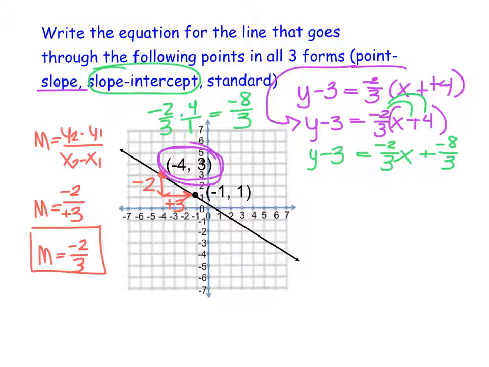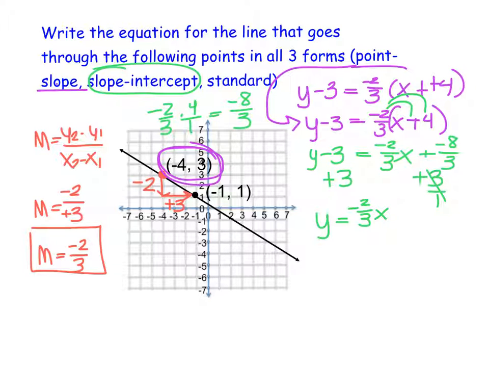Then from here I need to get y by itself to be in slope intercept form. So I add 3 to each side. So I have y equals negative 2/3 x, and then I have negative 8/3 plus 3. So that could be 3 over 1. We need a common denominator.